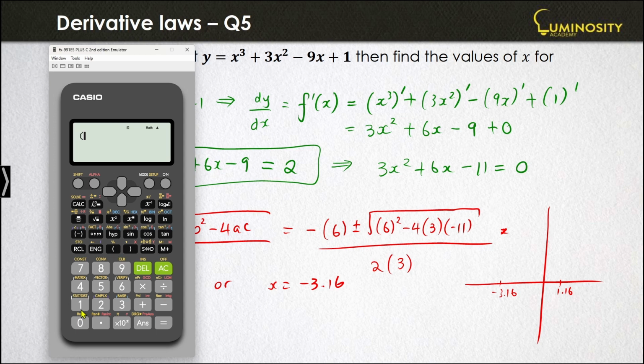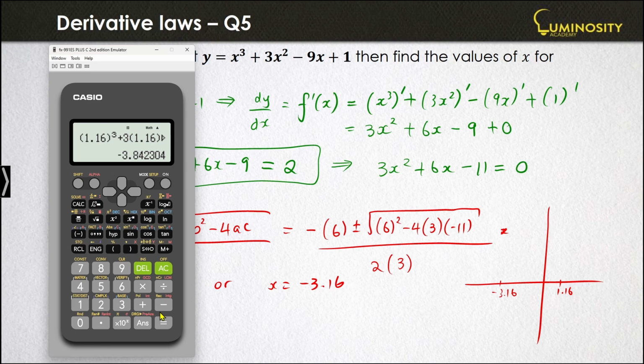So I'm just going to say 1.16, right, cubed, plus 3 times 1.16 squared, plus, not minus. Okay, so let's just go back and correct that. Right? And then I'm going to say minus 9 times 1.16 plus 1.